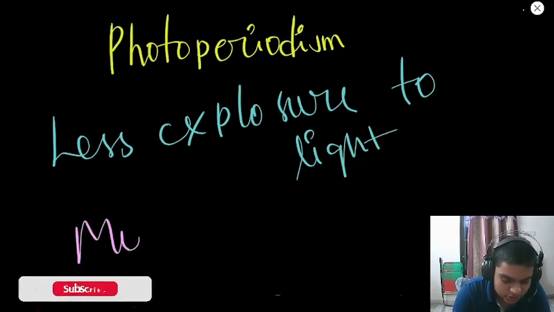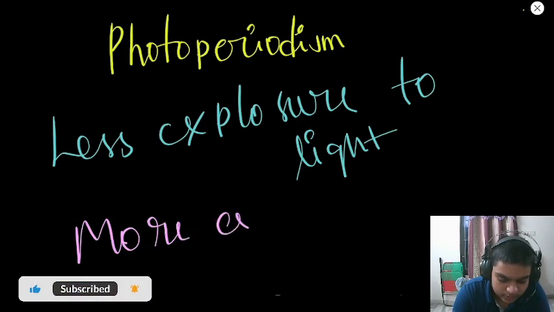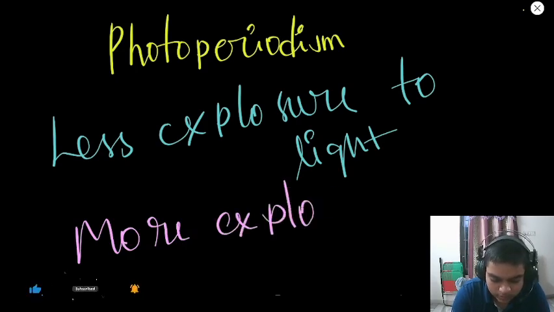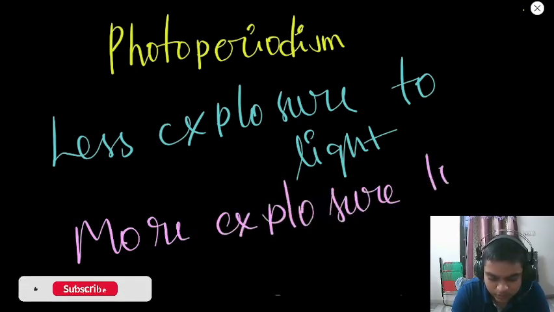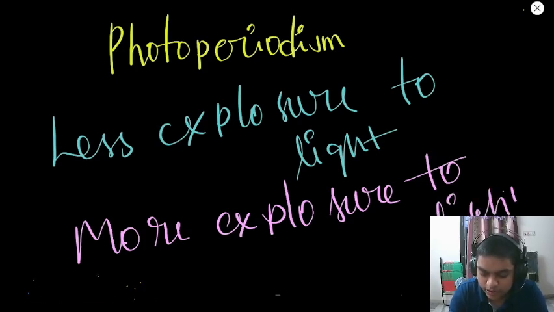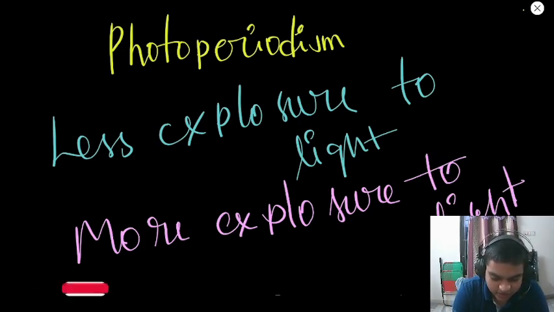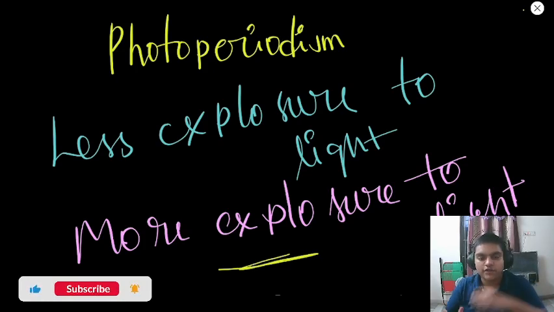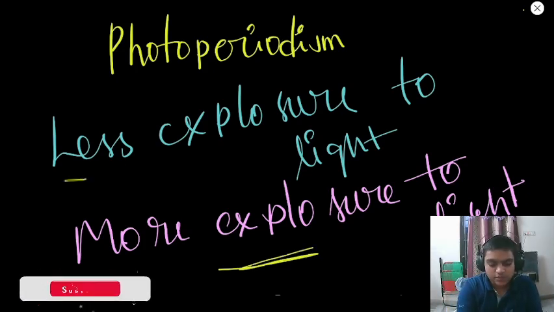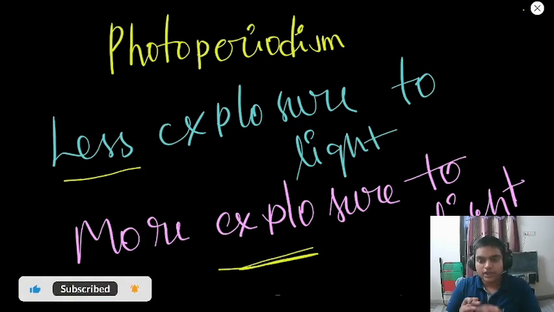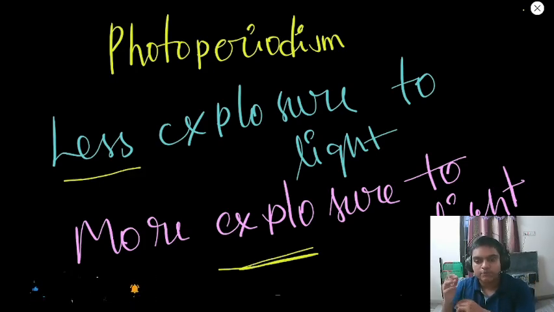Only with more exposure to light can these plants flower. They can produce flowers when they are more exposed to light, whereas these other plants can produce flowers only with less exposure to light.